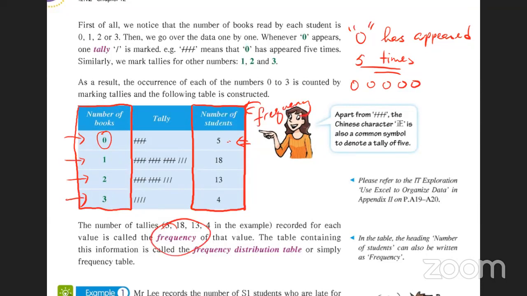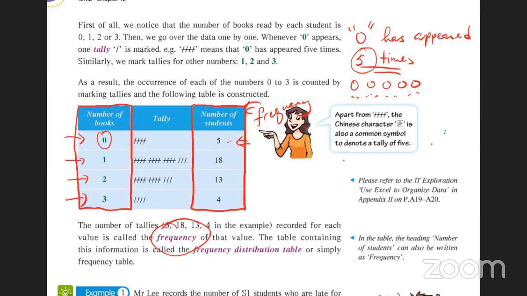Here, you can see the word here. The data is 0, 1, 2, and 3. From the data we can find 0 5 times.